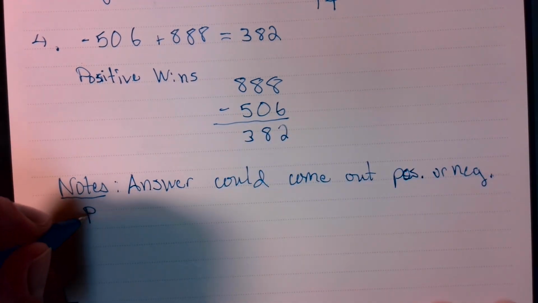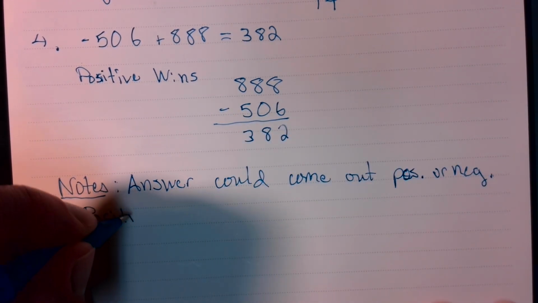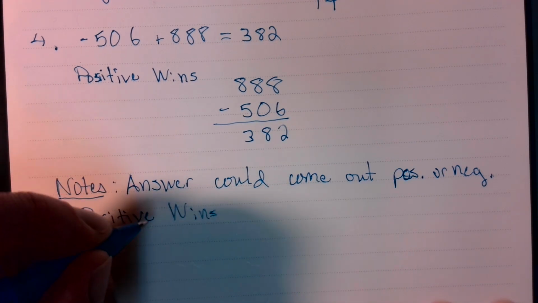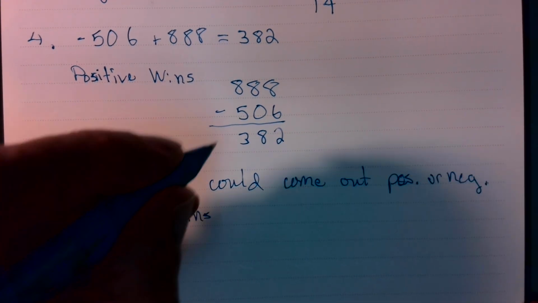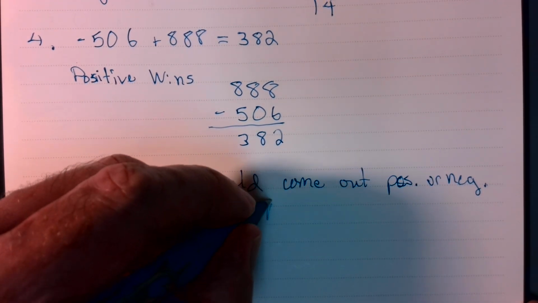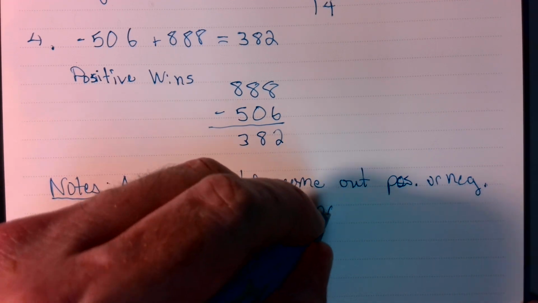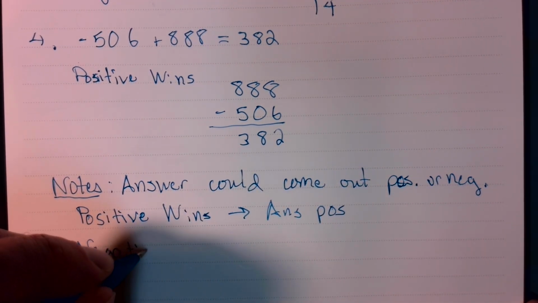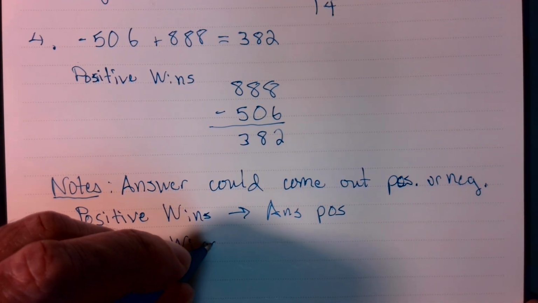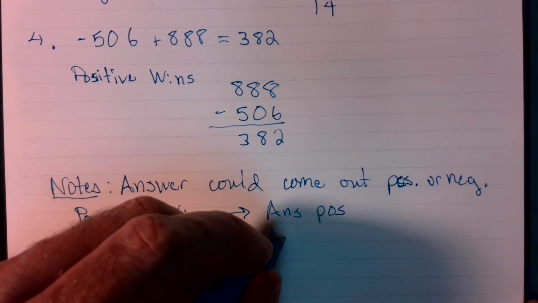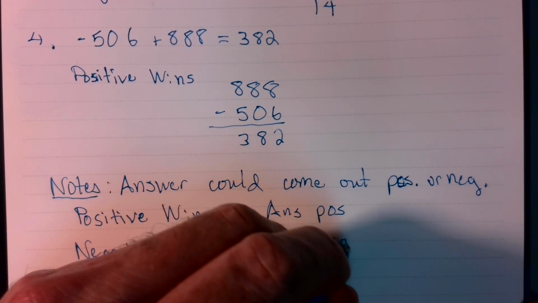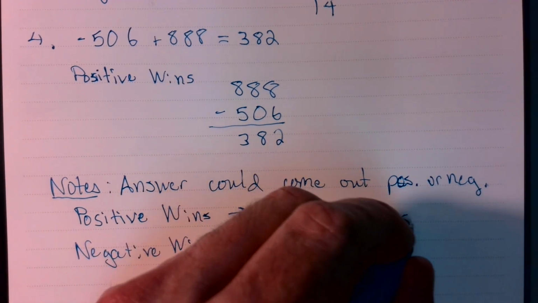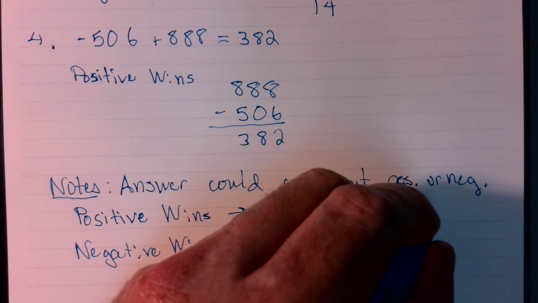If your positive number is the bigger absolute value, up in the examples I was calling that the positive wins. The positive number wins, then your answer is positive. If your negative wins, then your answer is negative. In either case, you get the numerical part of the answer by doing a subtraction.